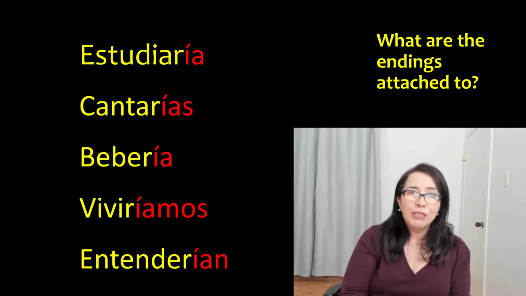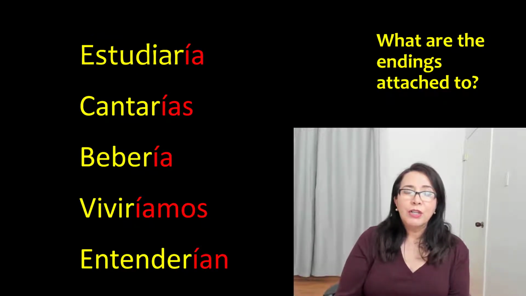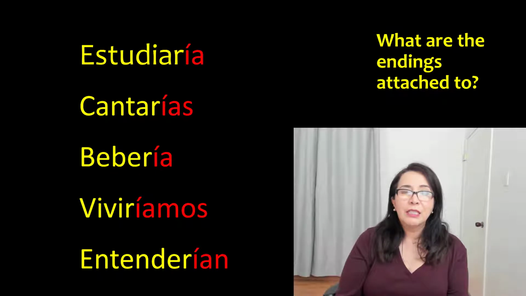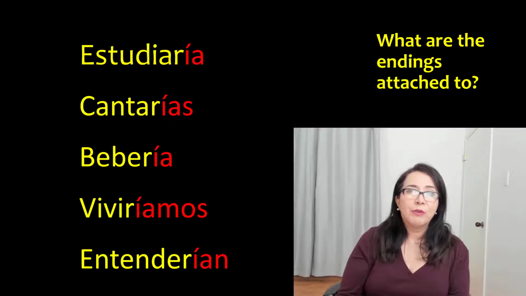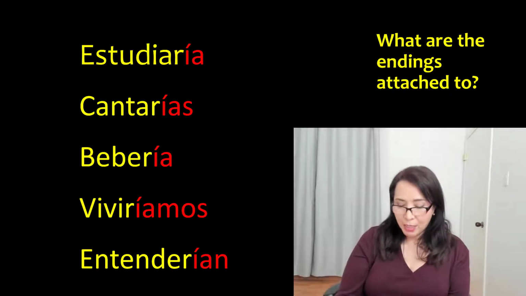As you can see, if we just read the yellow font there, you have estudiar, cantar, beber, vivir, entender. We're not dropping the original endings of the infinitive. We are just adding the conditional on top of it. We're just tacking it on.